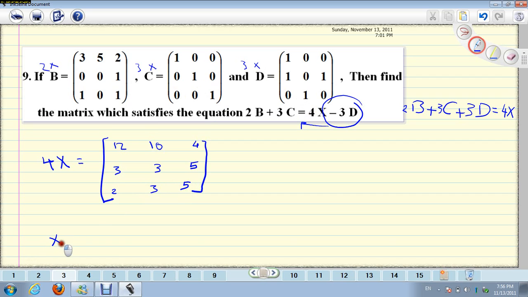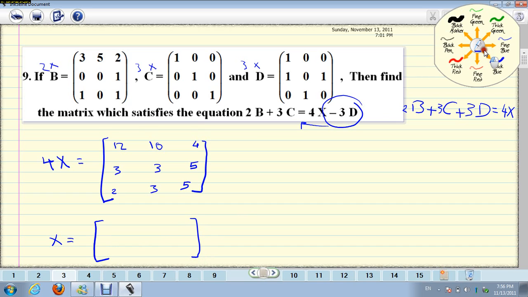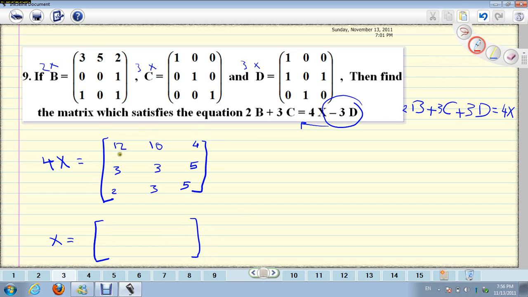Now we're gonna get matrix X, so I'm gonna divide each element here by 4. So 12 divided by 4, 10 divided by 4, and so on.